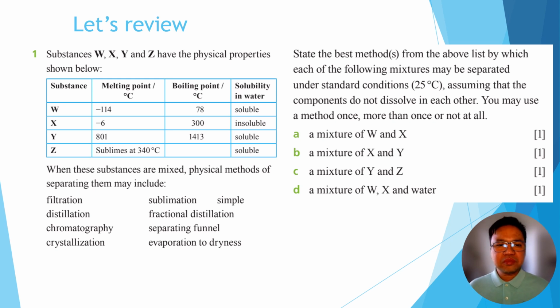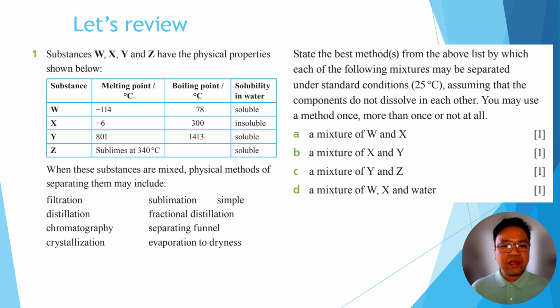Substance W has a melting point of negative 114 degrees Celsius, a boiling point of 78 degrees Celsius, and is soluble in water. Substance X has a melting point of negative 6, a boiling point of 300 degrees Celsius, and is insoluble in water.